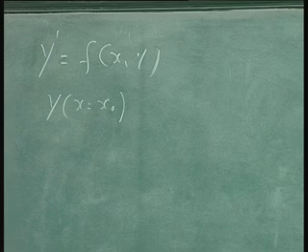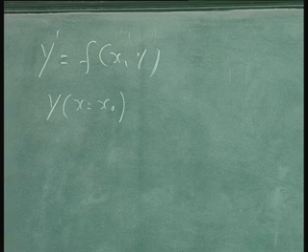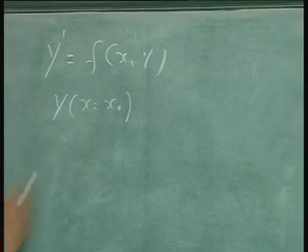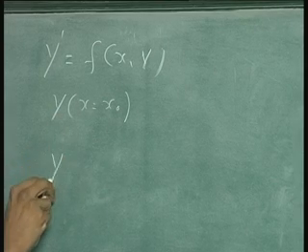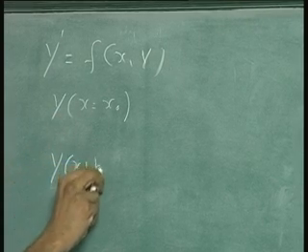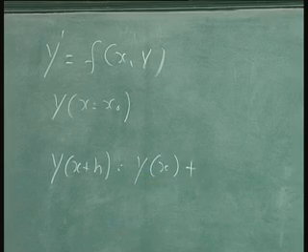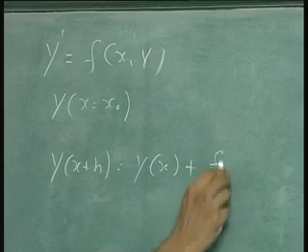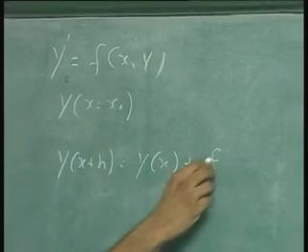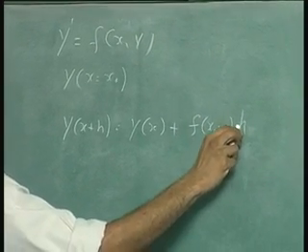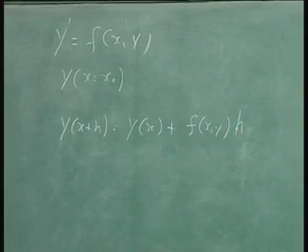And we looked at 4 different methods, 2 of them being on the Runge Kutta scheme. And in these methods we wrote y at x plus h as y of x plus the derivative evaluated at x comma y into h. So we wrote these methods.